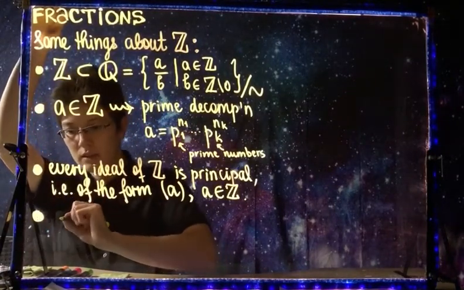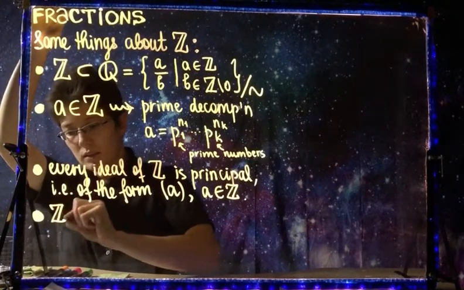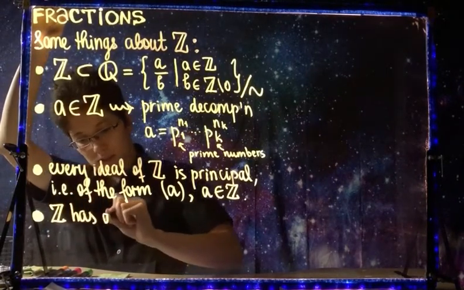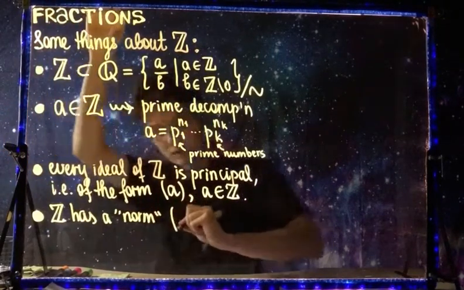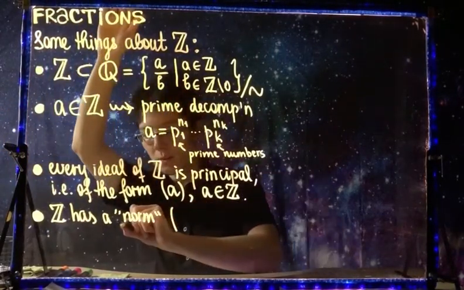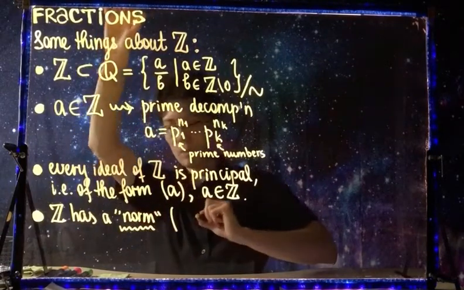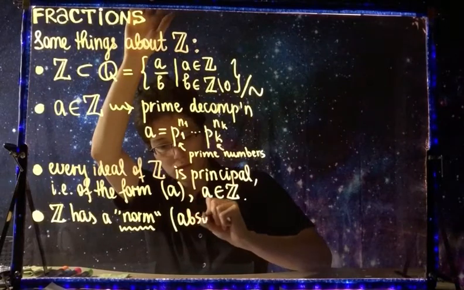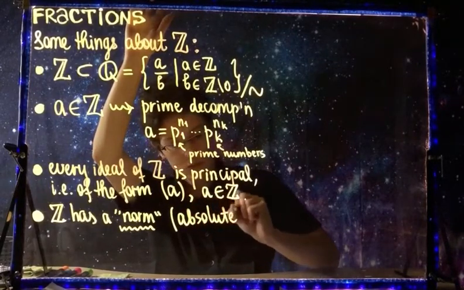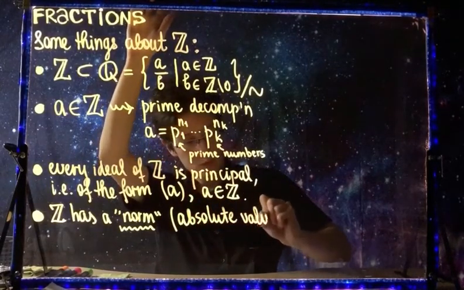And Z has a norm which is not defined yet, but to which I have referred as absolute value.